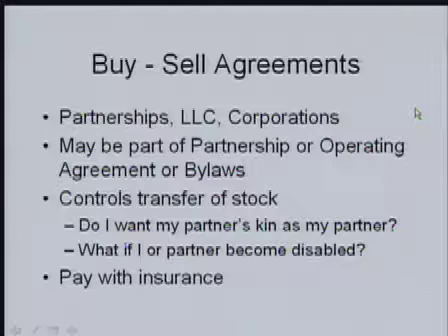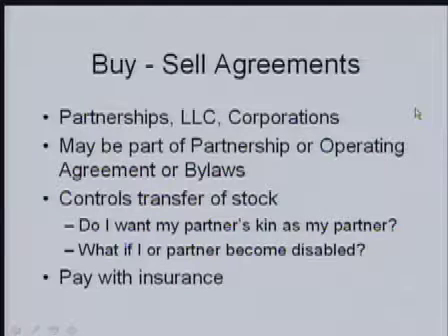And typically what it says, if you remember, is that you and I are partners, and if I die, the company has the option, first refusal, right of first refusal, option, to buy back the stock from my estate, from my widow, from my next of kin, at its then current fair market value.